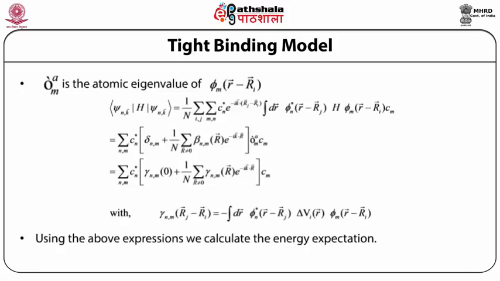As you can see, using the previous results, we can straightforwardly write this as a summation over nm of Cn star, bracket gamma nm 0 plus summation over all the vectors R not equal to 0 of gamma nm R e raised to power minus i k dot R, multiplied by Cm, where this gamma nm is the short form for the negative of the volume integral of phi n star delta Vi phi m.